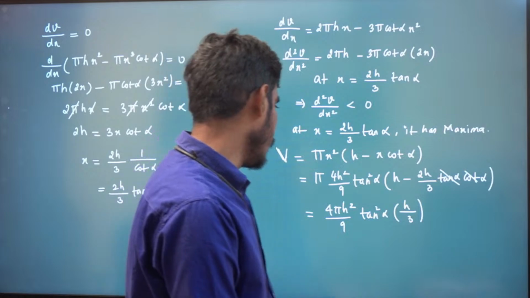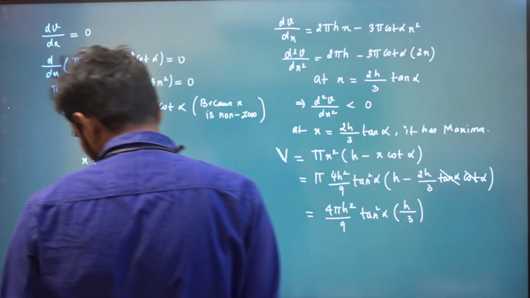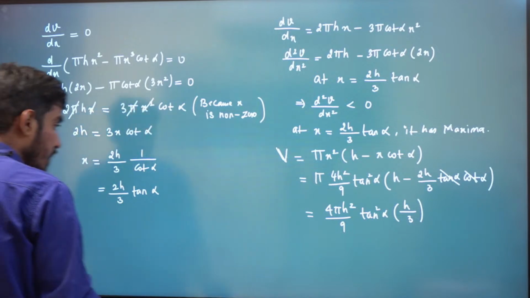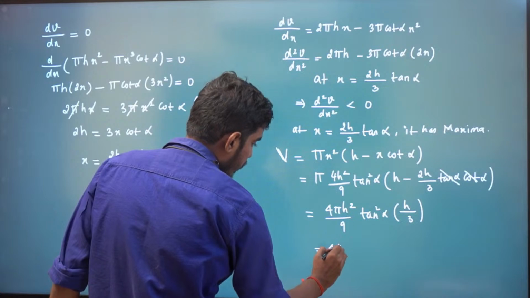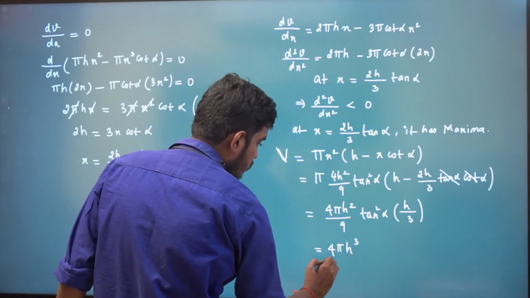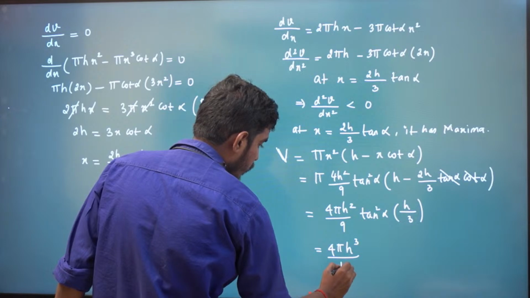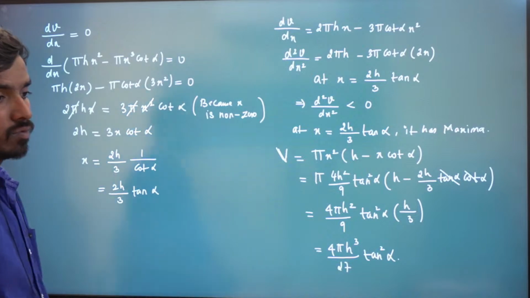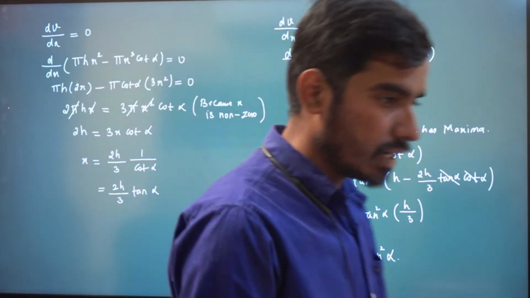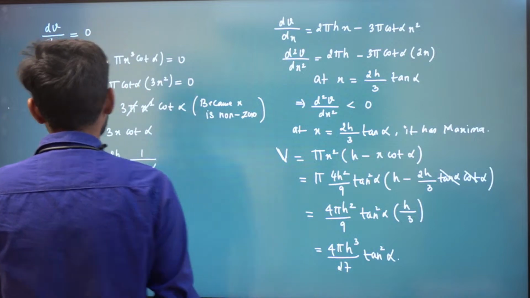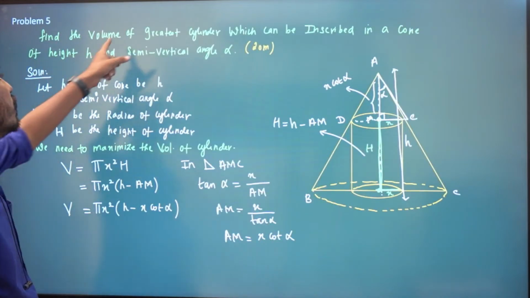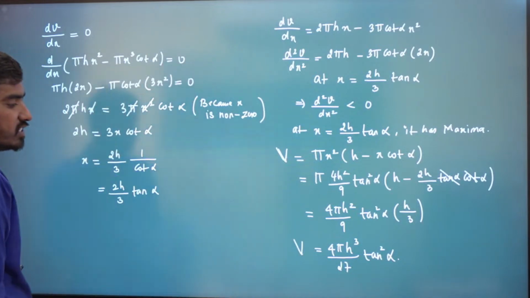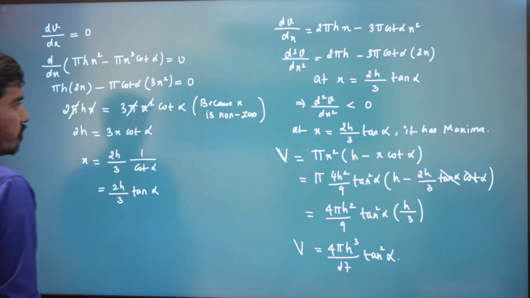If you simplify, you will have 4 pi h cube by 27 tan square alpha. This is your maximum volume of the cylinder if the semi-vertical angle of the cone is alpha and height is h. The volume of the greatest cylinder is 4 pi h cube by 27 tan square alpha.